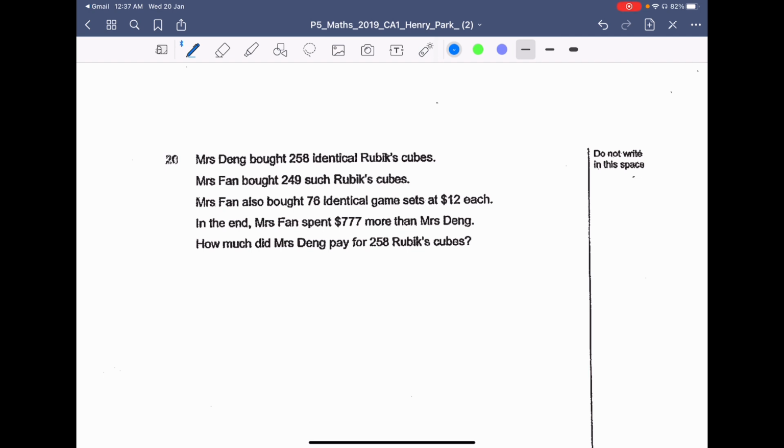So for this, you find the amount Mrs. Fan spent on game sets, which is basically $12 times 76. So you do your multiplication.